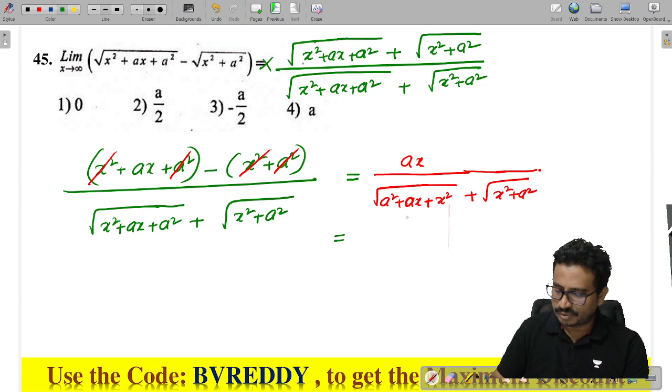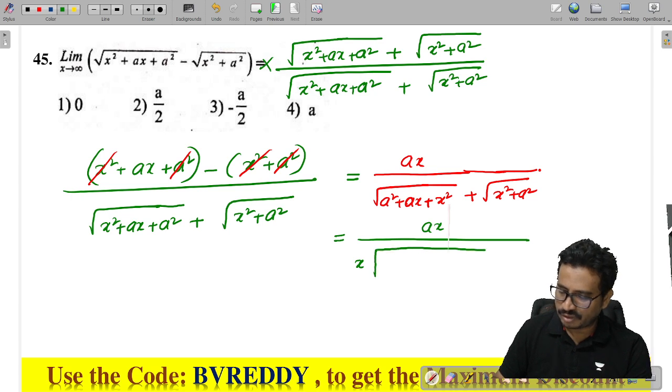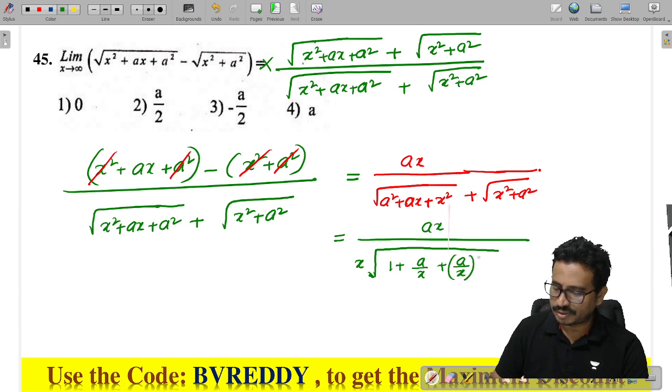If I take x common in the denominator, what we have left is 1 plus a by x plus a by x whole square, and here also we have taken x common, square root of 1 plus a by x whole square.